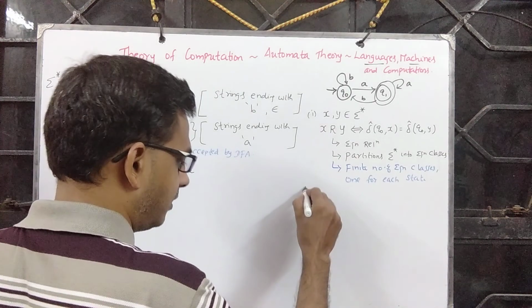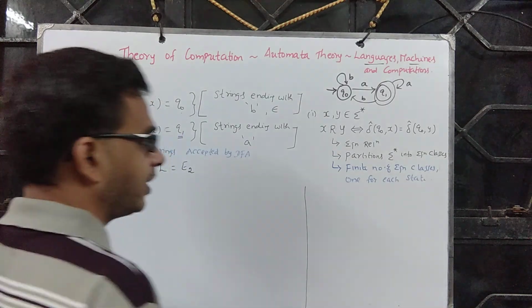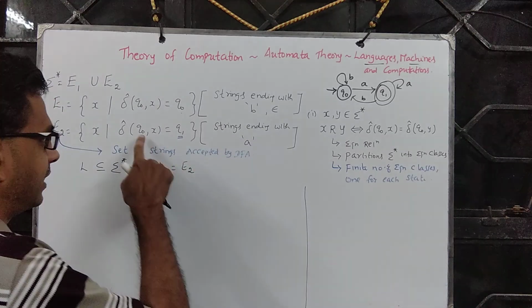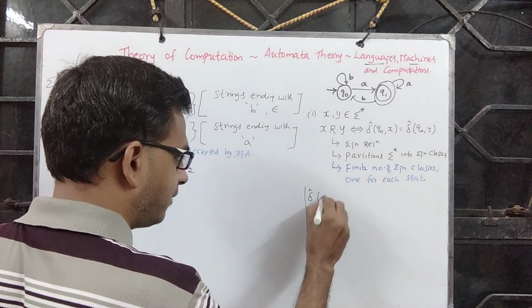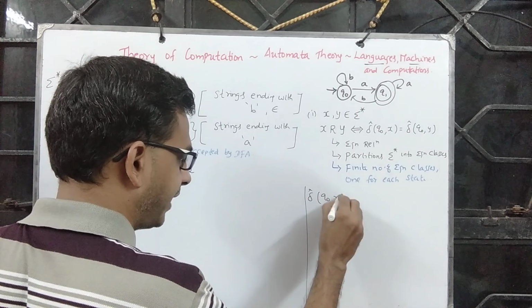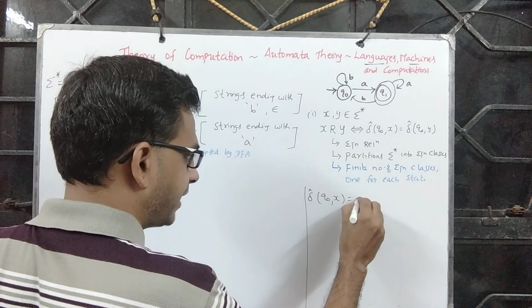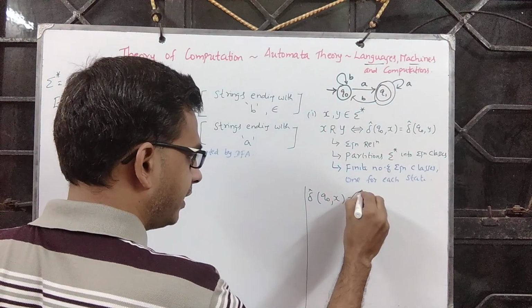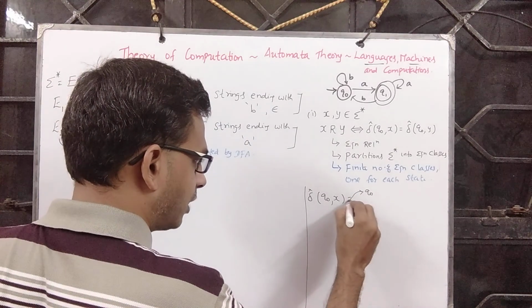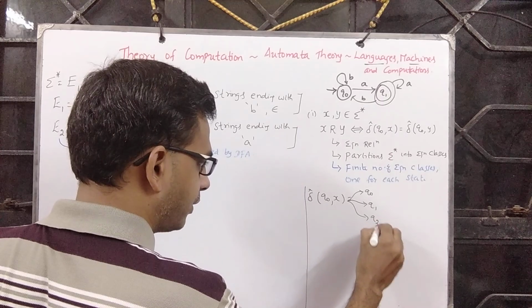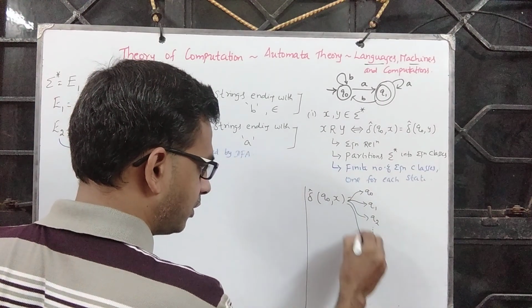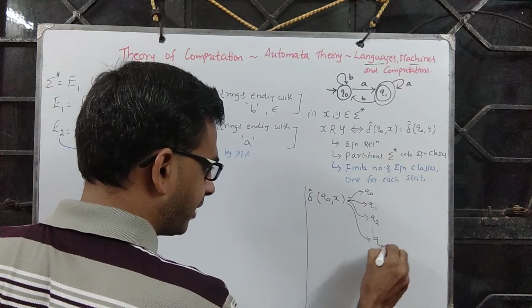In general, this is the larger picture, because when we do this relation delta cap of q0 comma x, the output state can be q0, or q1, or q2, and so on up to qn minus 1.